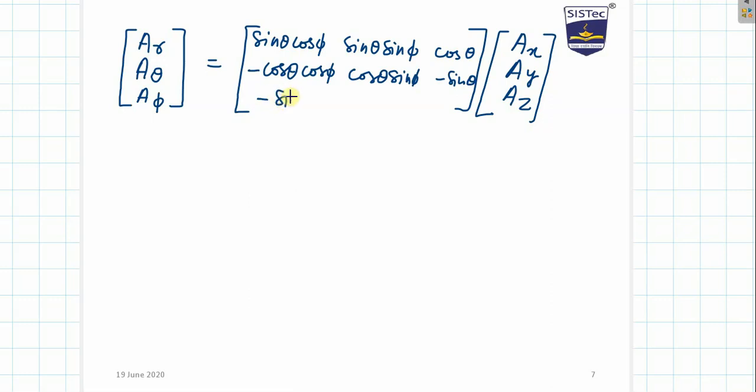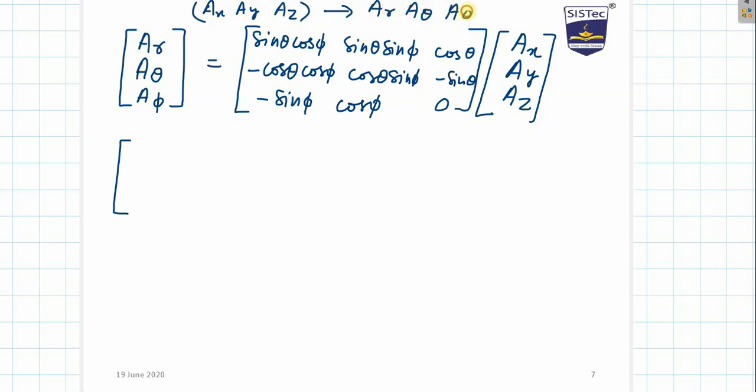Next one is minus sin phi, and cos phi. The similar thing that we derived there, we are putting here. And this is your ax, ay, az to ar, a theta, and a phi. This is your transformation.